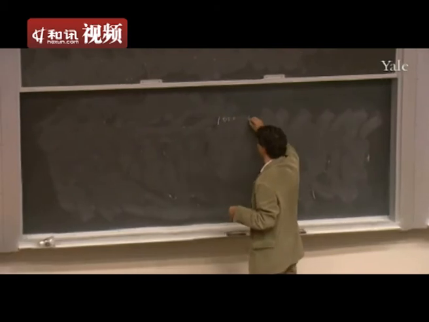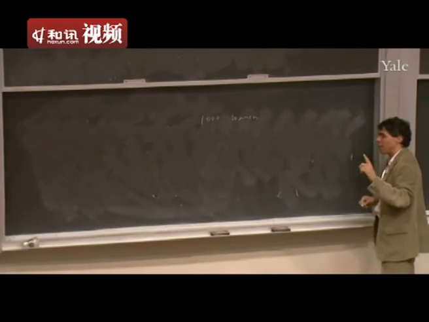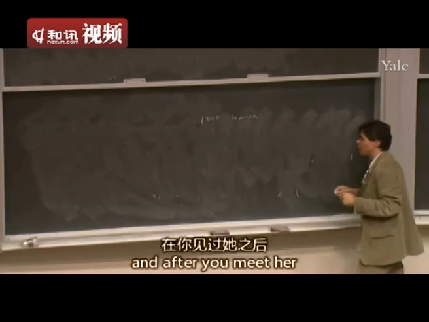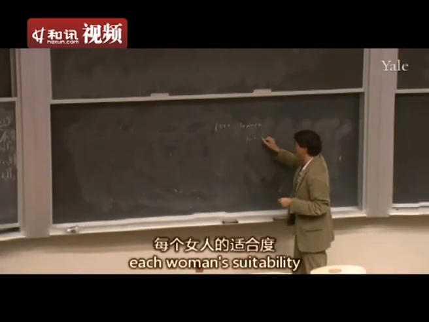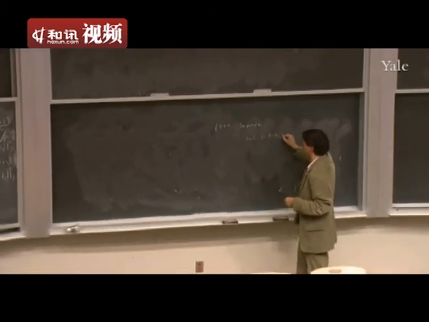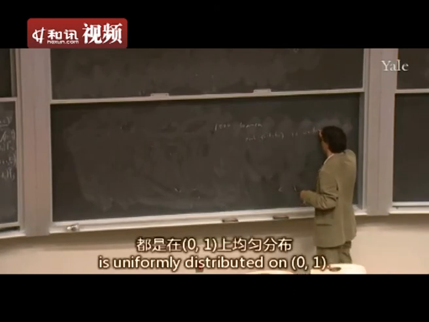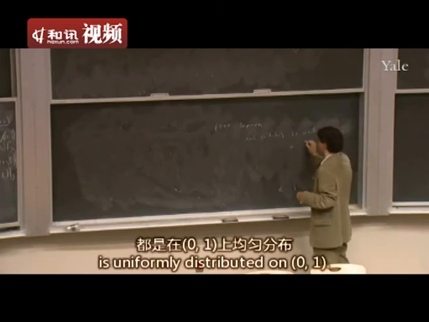Each woman you meet, her suitability you can't tell until you meet her and talk to her. And after you meet her, each woman's suitability is uniformly distributed on 0, 1.